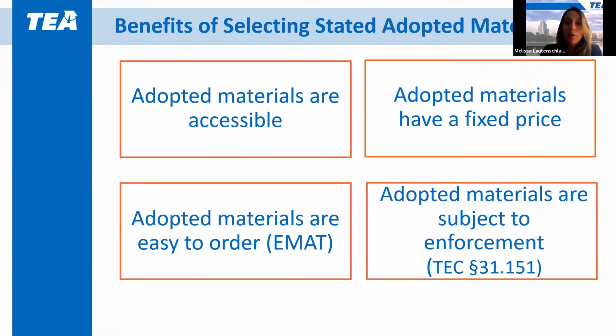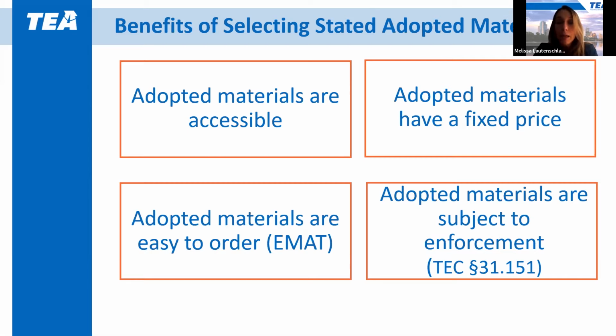Other things to know is that reviewers look for, and notify the publisher of, any errors. There's also an opportunity for the review panels and the public to comment on materials and provide that information both to publishers and to the State Board of Education members before they ratify that list.